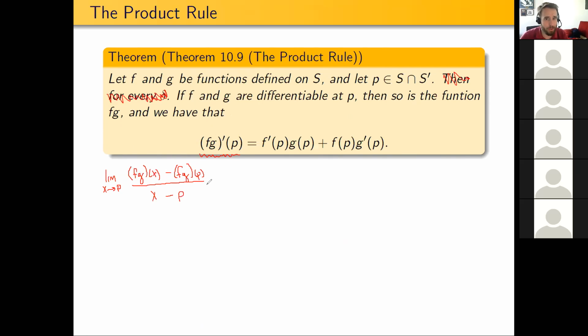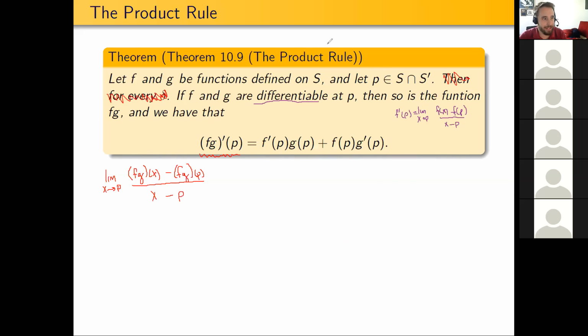Our goal is to show that that limit rigorously exists and can be computed if we know that f and g are differentiable at p. Meaning we know that f prime of p exists, that is, the limit as x goes to p of f of x minus f of p over x minus p.